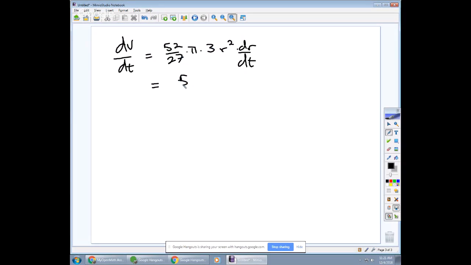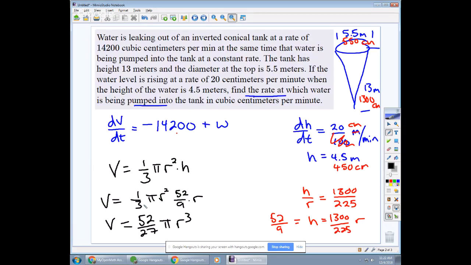So we get 52 pi over 9. Let's see, we have to calculate r, I believe. Something doesn't look right here. Where did you get the 27? He multiplied the 1/3 times 9, that's 27.